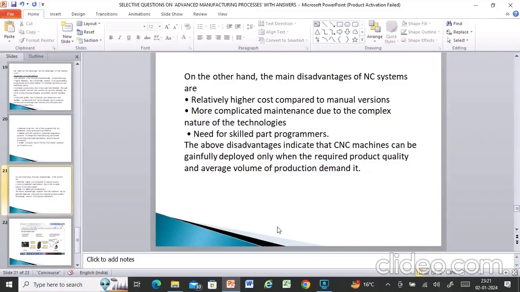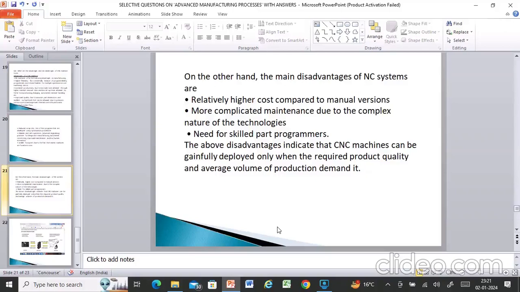You see, you need programmers because there is no operator in a CNC machine, there are only programmers. There is no drawing to be studied. The drawing is broken into programs and fed to the machine, and the machine does the job. So in place of an operator, you need skilled part programmers.